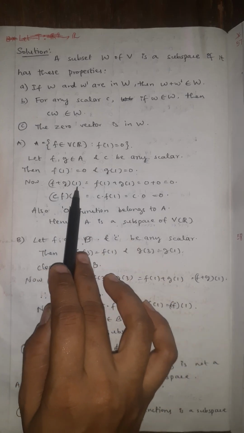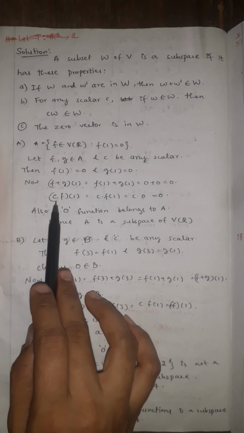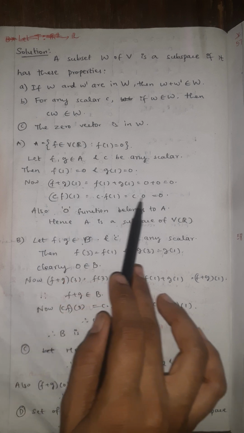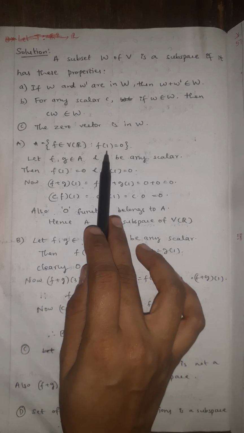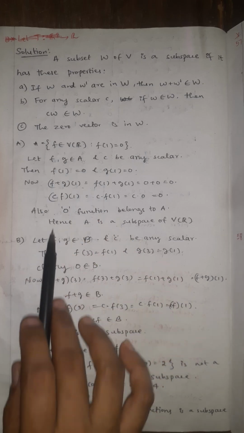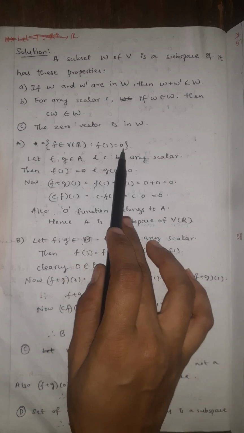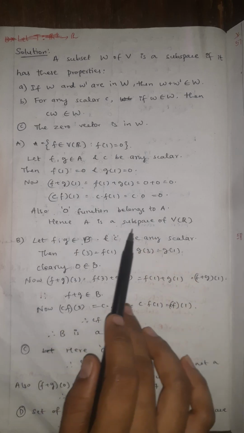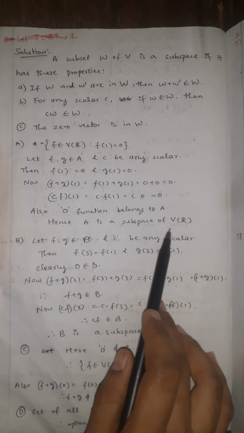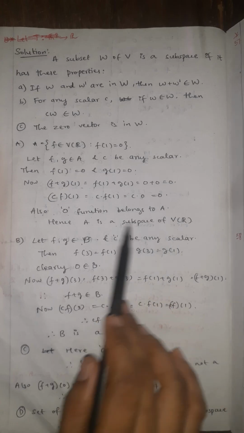Then f plus g of 1 you will get 0. Similarly, c into f of 1 you will get 0. So it satisfies the condition. So f plus g belongs to A and cf belongs to A. Further, the 0 function also belongs to A because 0 of 1 is 0. Hence A is a subspace of V of R. Option A is a subspace. We have to choose here which is not a subspace.